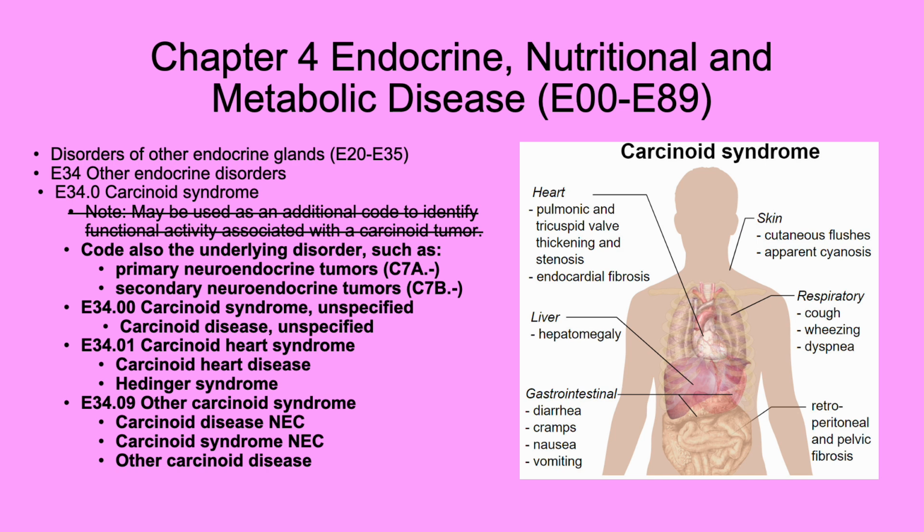Before it was only E34.0, but it's been expanded to carcinoid syndrome unspecified, carcinoid heart syndrome, and other carcinoid syndrome. You can see from the picture the manifestations of this syndrome. So again, more specificity.